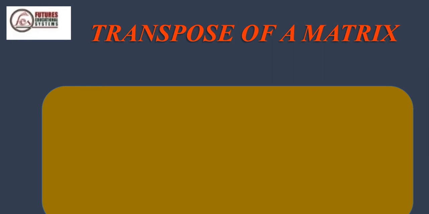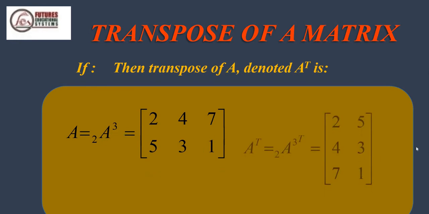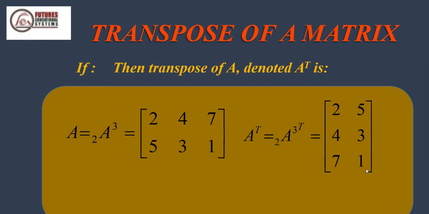Transpose of matrices. The transpose of A is denoted by AT. If we have a matrix of order 2 by 3, the transpose gives me a matrix of order 3 by 2. Convert the first row to the first column and the second row to the second column.